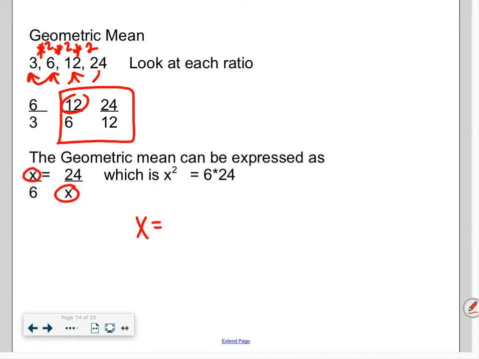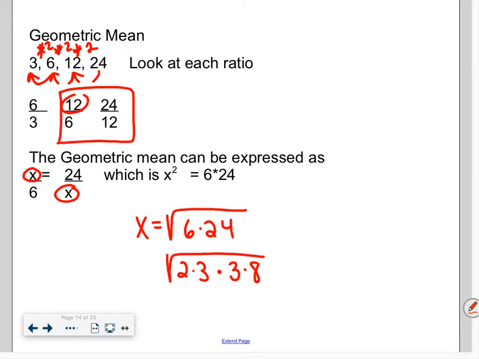So x would be the square root of 6 times 24, and I'm just going to go through this. We could multiply that out, but I'm going to express it as 2 times 3, that's my 6, times 3 times 8, which is 4 times 2, and I'm looking for perfect squares in there, all the things that can come out.